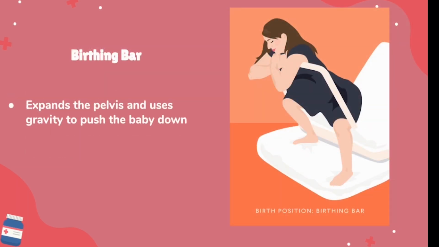The birthing bar position: the birthing bar is an attachment that can be added to many labor beds to help support a birthing position. With the birthing bar, you can sit up at any time and squat, or lean on the bar for support. One of the good things about the birthing bar position is that it expands the pelvis and uses gravity to push the baby down.